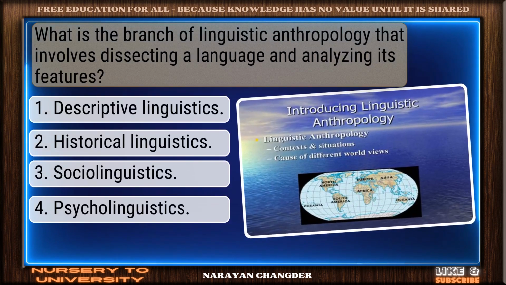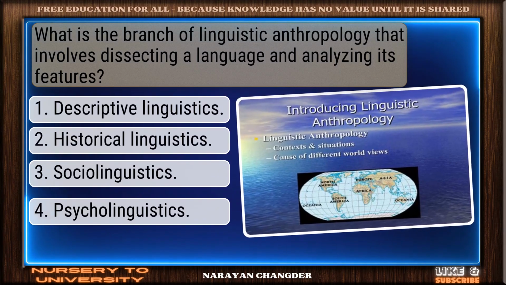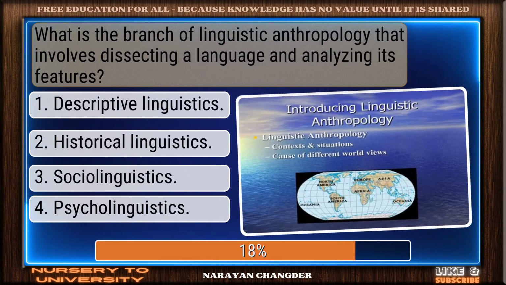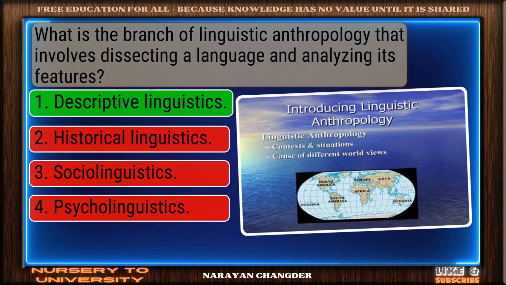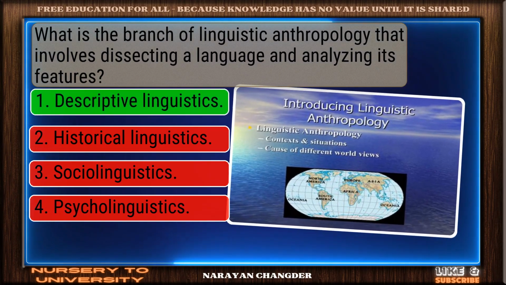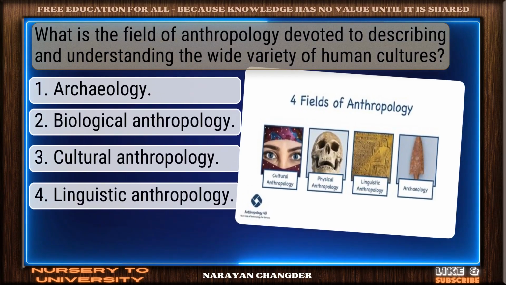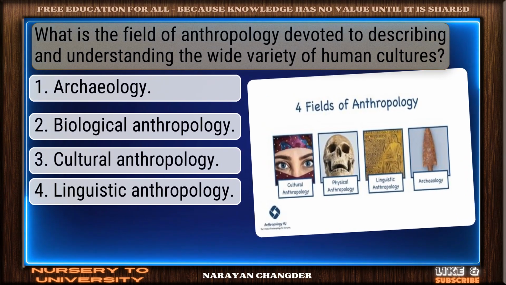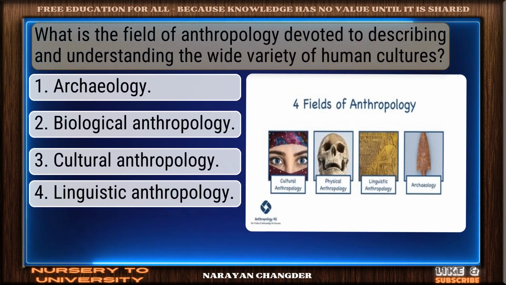What is the branch of linguistic anthropology that involves dissecting a language and analyzing its features? Smart move. Descriptive linguistics is an accurate answer. What is the field of anthropology devoted to describing and understanding the wide variety of human cultures?